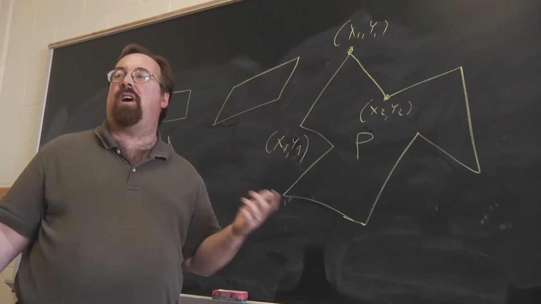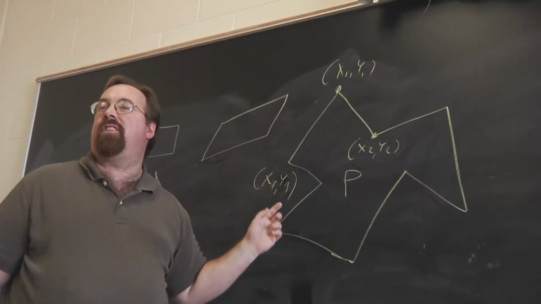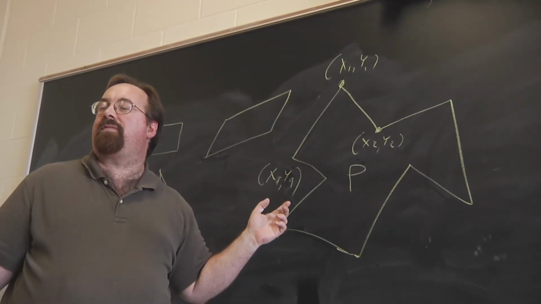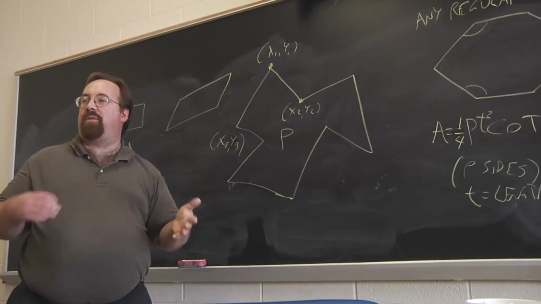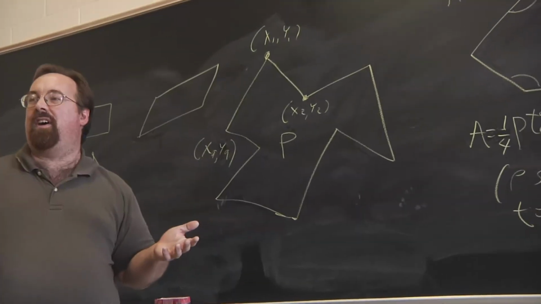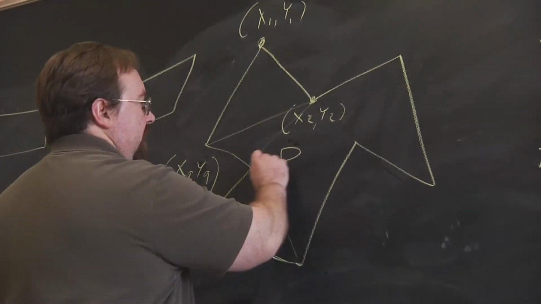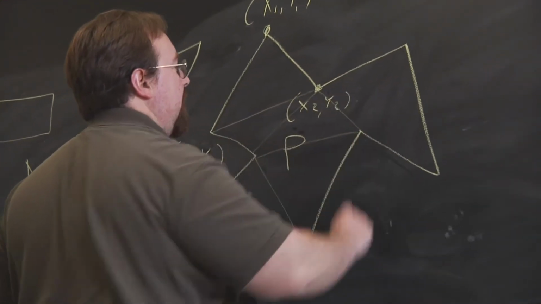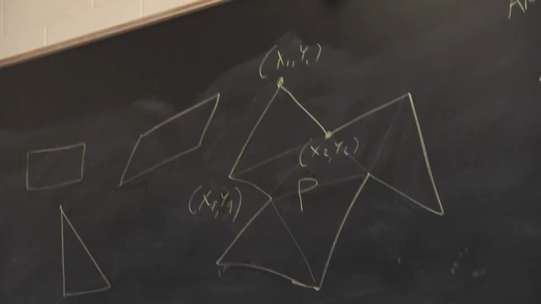What would you do with each of the triangles? If this is all the information you have, just the location of the vertices, it can be done. You could try simple integrals, because you can decompose this into triangles, and get the area that way.